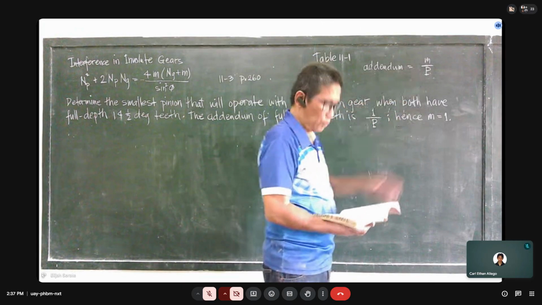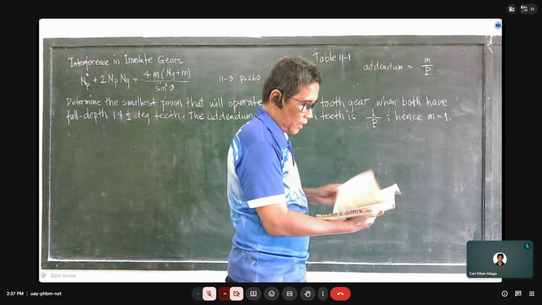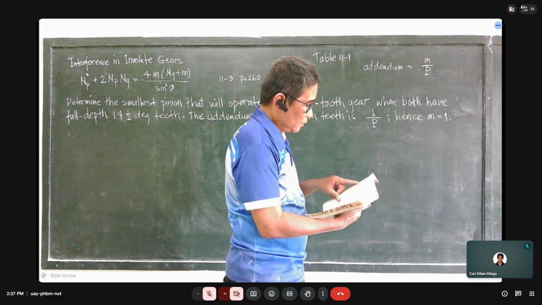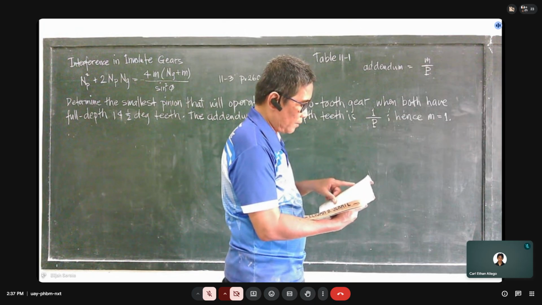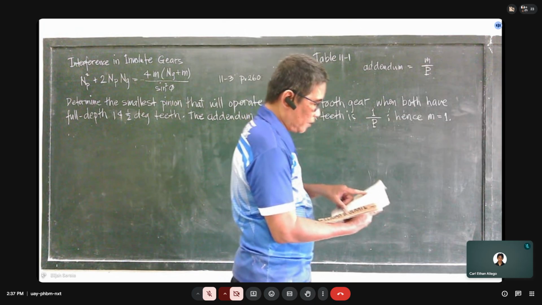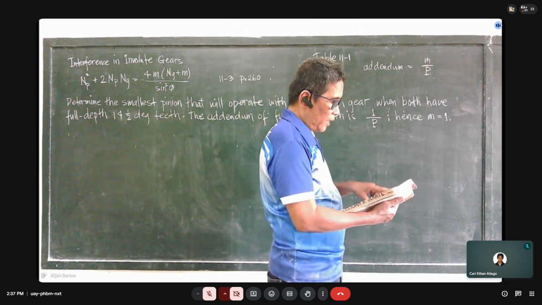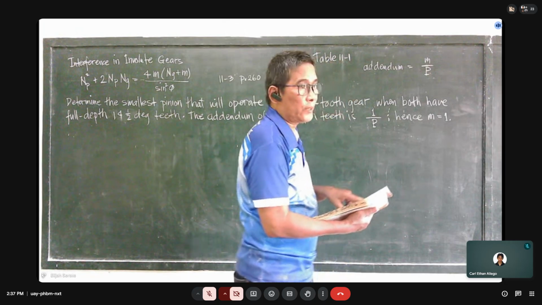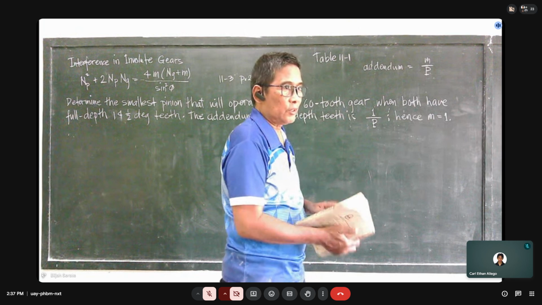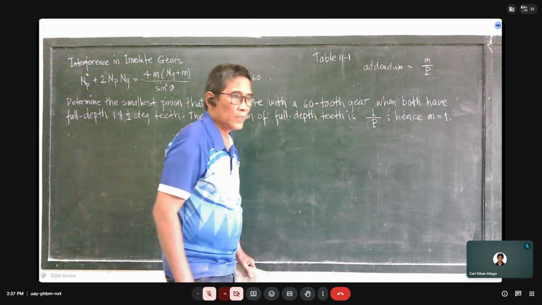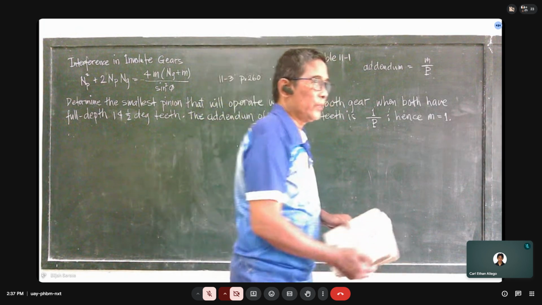Numerator of this fraction. So if you look at table 11.1, it is either 1 over P for 20, and for helical herringbone, 28 over P. So there are only two values for M. It's either 1 or 28.